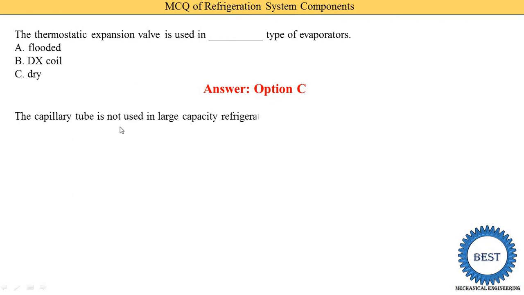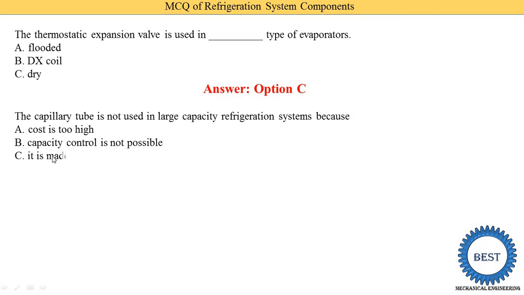The capillary tube is not used in a large capacity refrigeration system because: option A, cost is too high; capacity control is not possible; it is made of copper; or the required pressure drop cannot be achieved. We know that the cost of the capillary tube is very low compared to the thermostatic expansion valve.